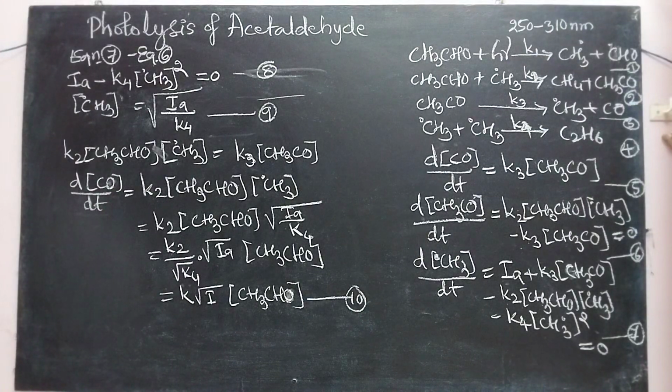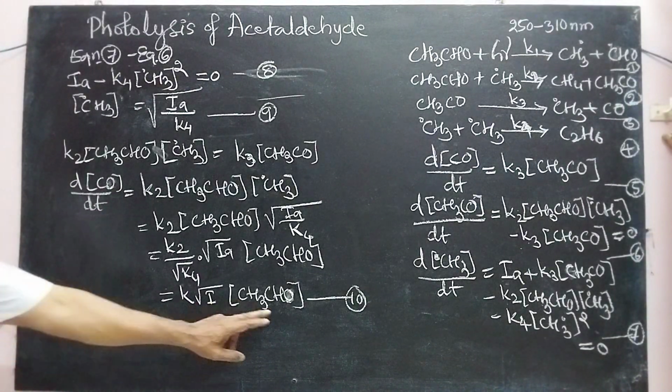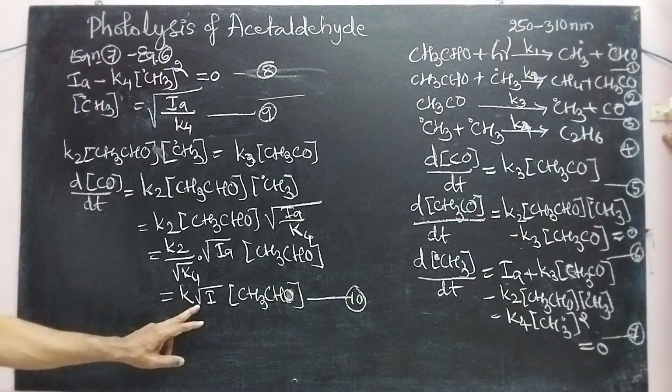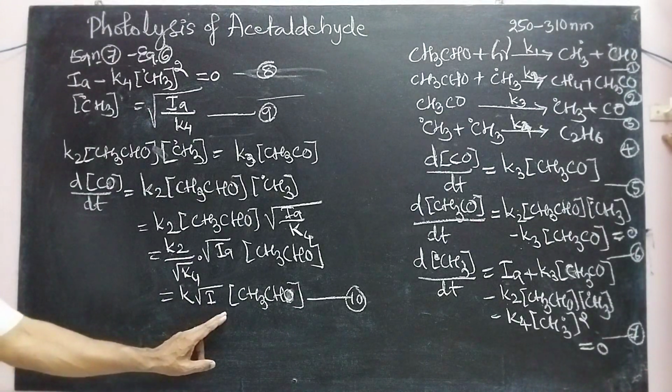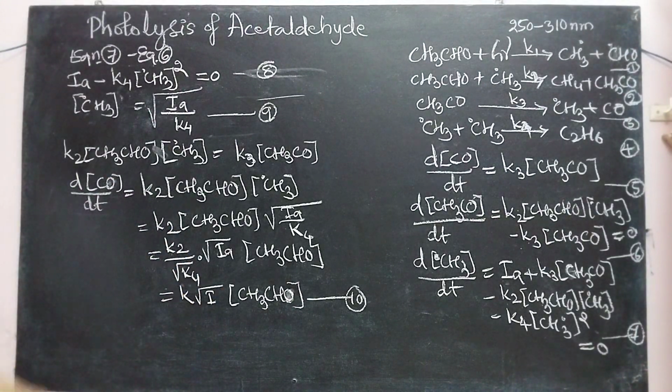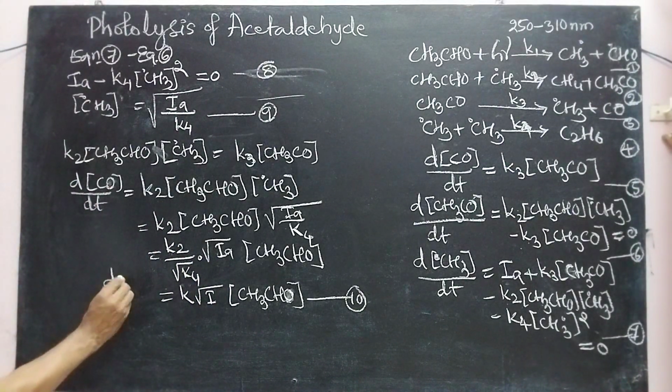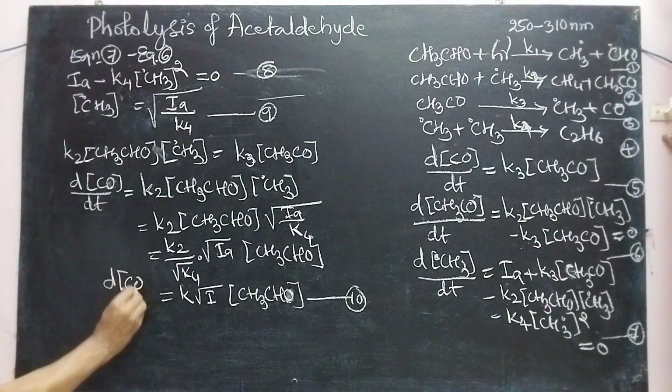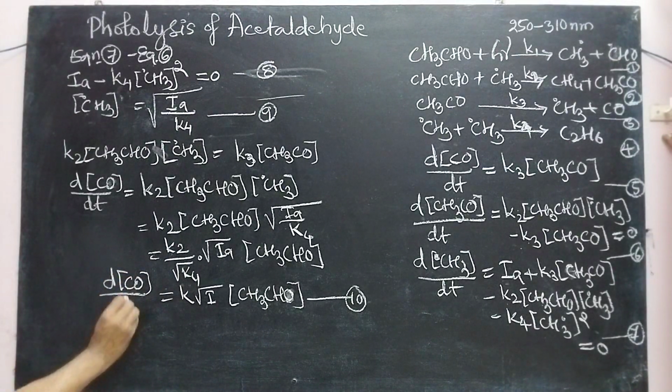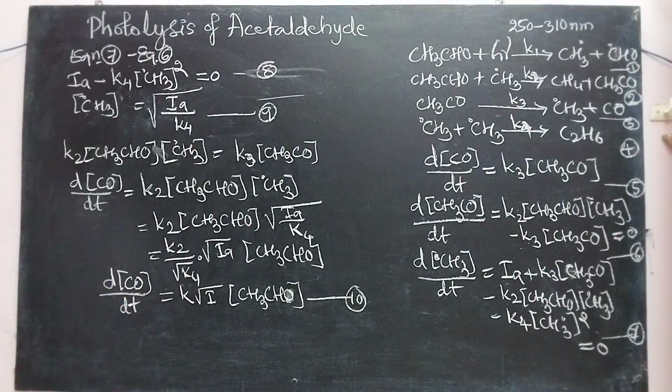Thus the rate of reaction depends upon acetaldehyde concentration as well as the square root of intensity of light radiation absorbed, and this is one constant. Thus we got this final equation, dCO divided by dt. This is the final equation for the rate of the reaction.